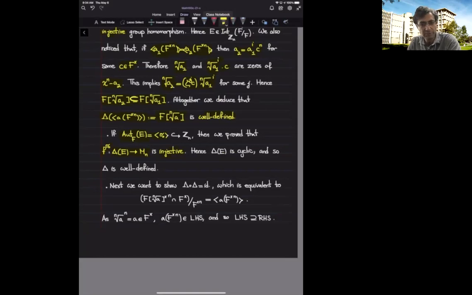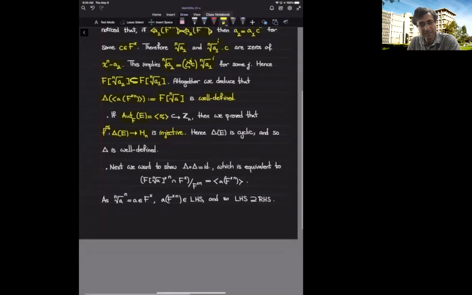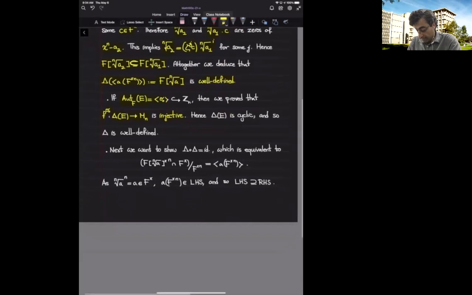So this is how we showed f sub sigma naught is injective. Now, f sub sigma naught being an injective group homomorphism implies that delta of E can be embedded into a cyclic group of order n, and therefore delta of E itself is a cyclic group. And that shows that delta is well defined.